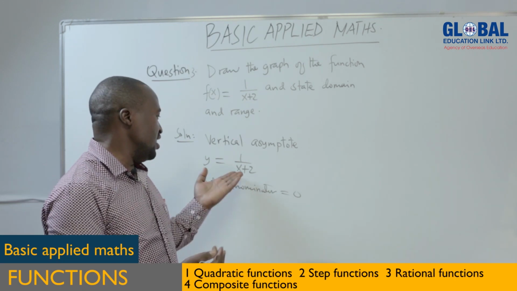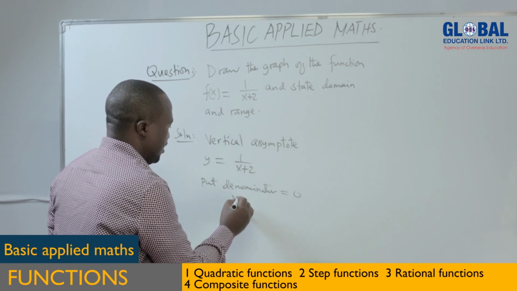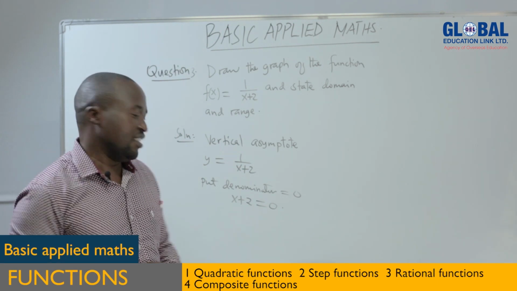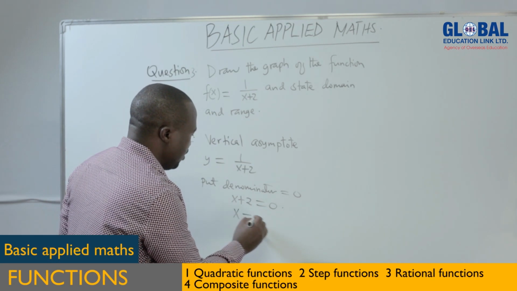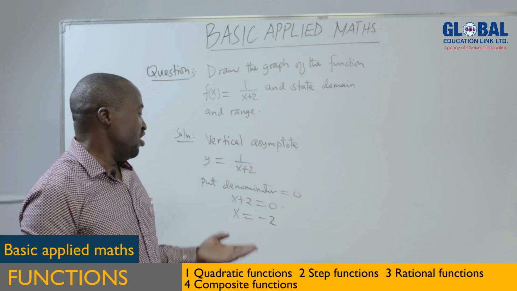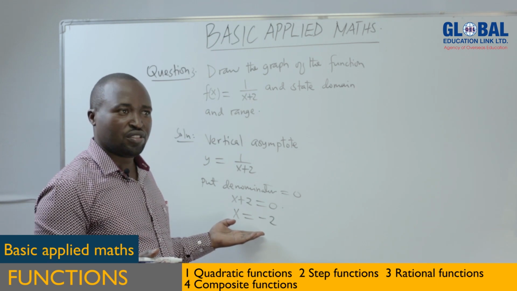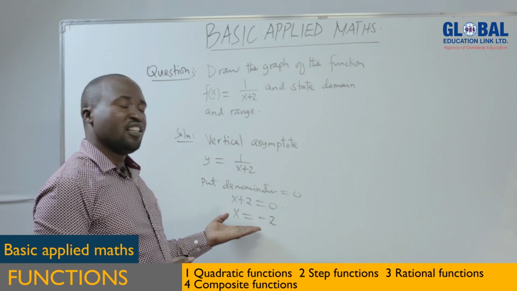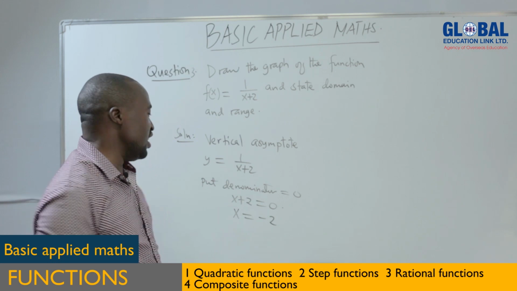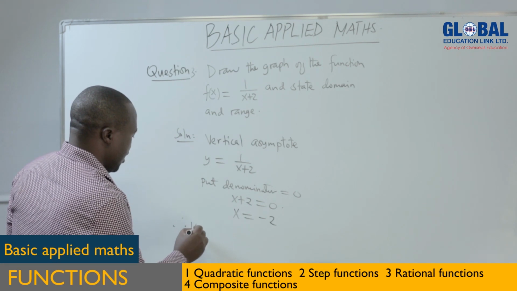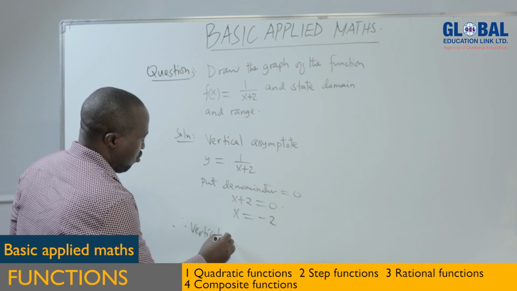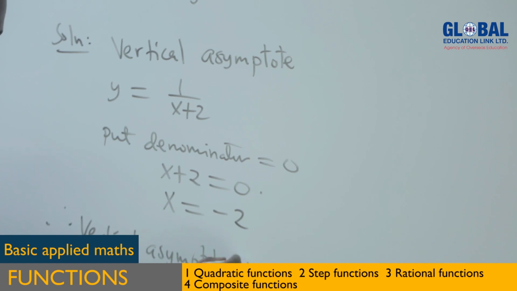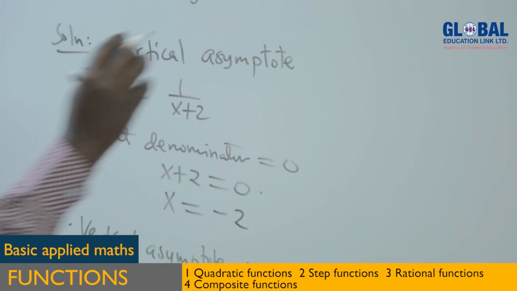That is, the denominator here is x plus 2. So we have x plus 2 is equal to 0. So of course we solve for x. So here x will be equal to negative 2. So this is called a vertical asymptote. The value of x which does not exist in the graph. We are going to locate this value of x by using a dotted line. So vertical asymptote x is equal to negative 2.